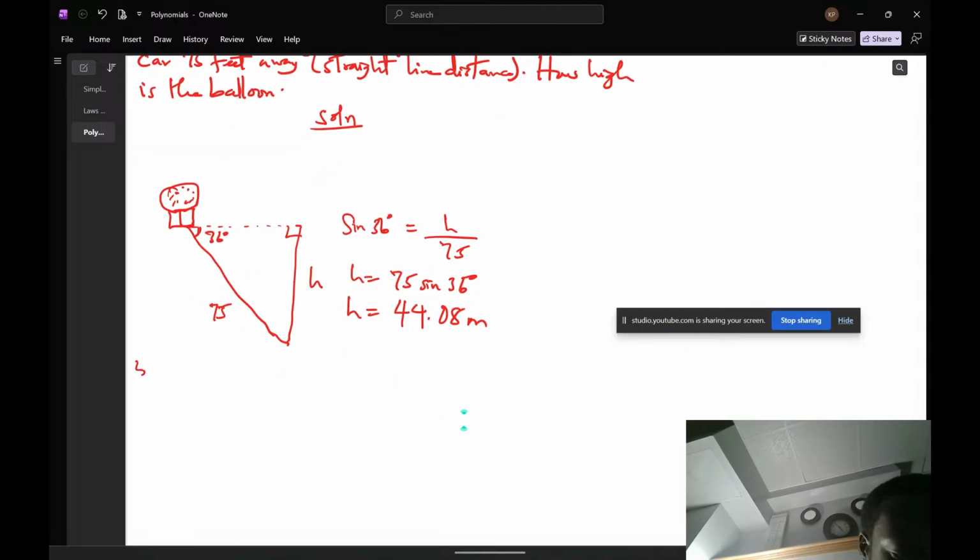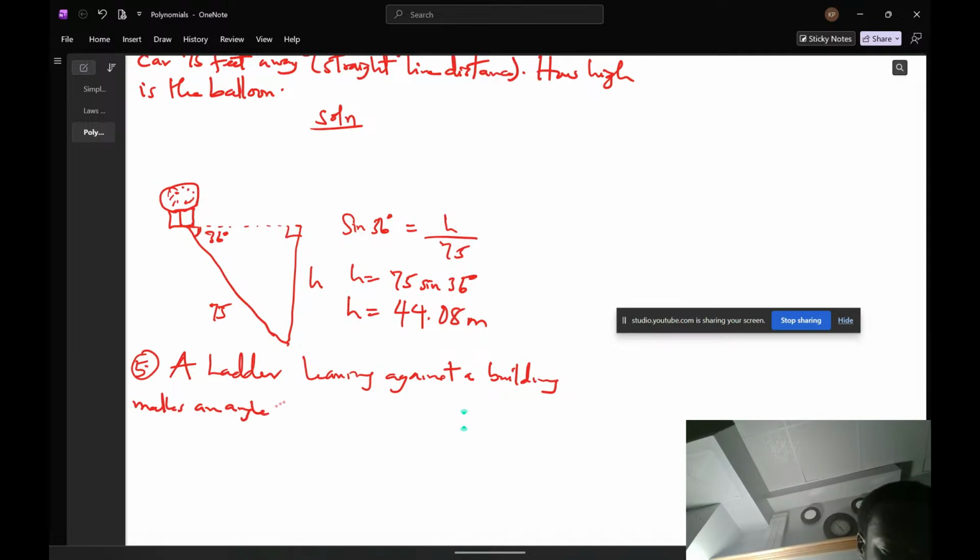Number 5 says a ladder leaning against a building makes an angle of 78 degrees with the ground.